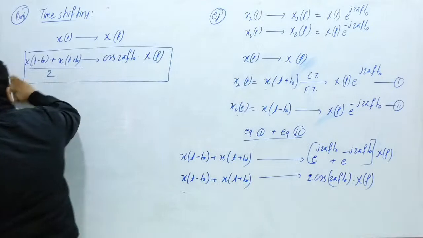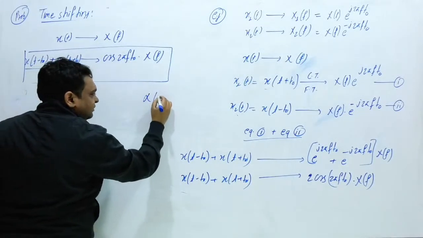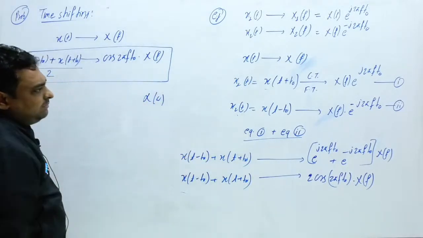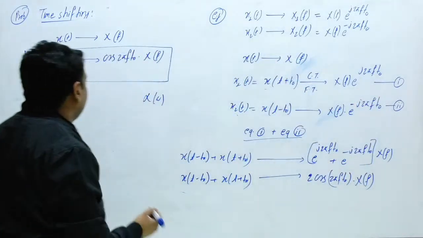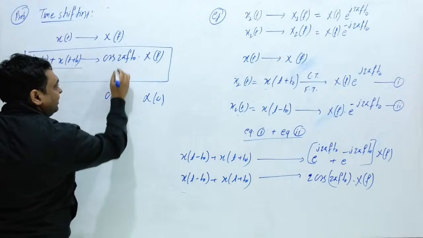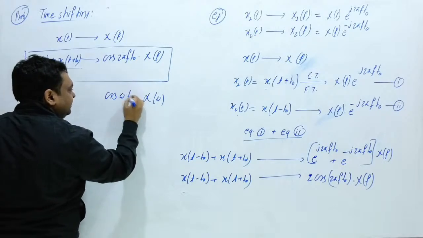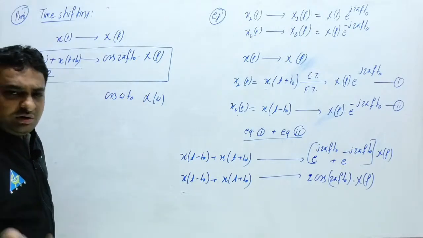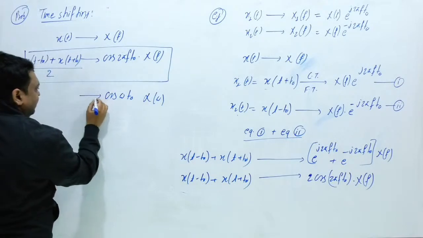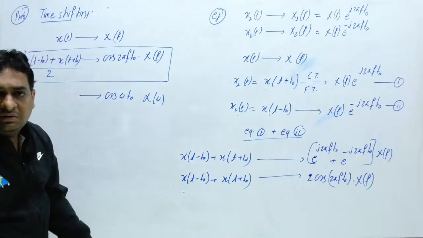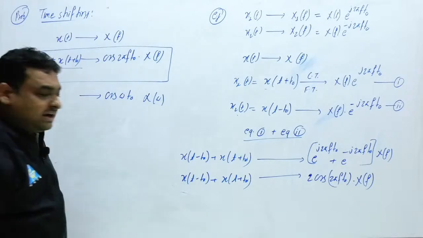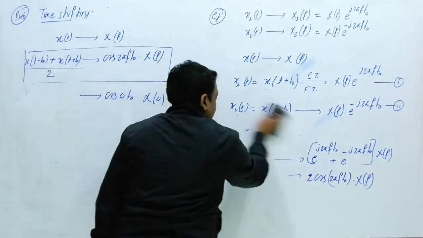If this is X(omega), nothing will change, so you can write cos of omega t0. In place of t0 you can write anything. You can also write this in terms of omega.